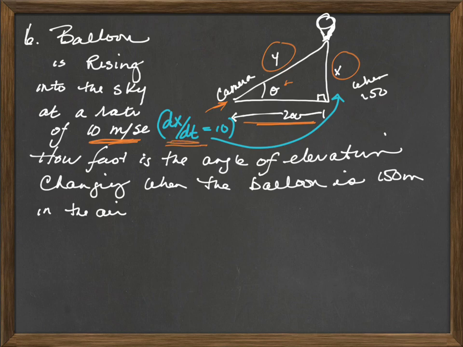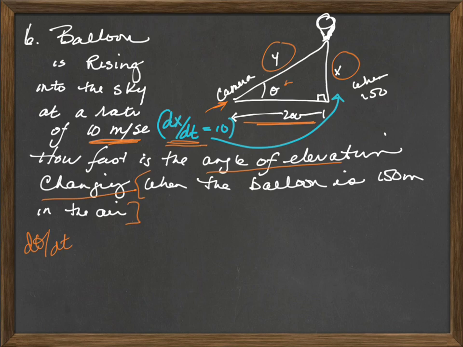And then it asks how fast is the angle of elevation changing. So that would be d theta dt. When, okay, here's our when that we do after we take the derivative. All right, so what do we know? We want theta. So we have to have an equation for theta to take d theta, right?